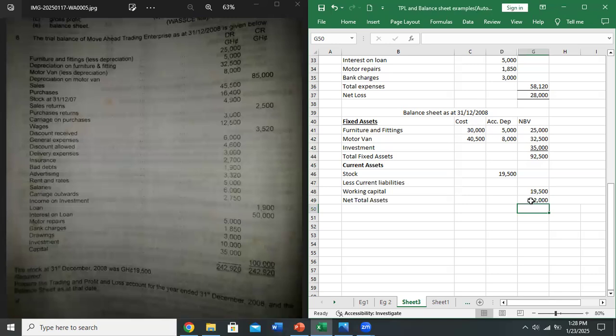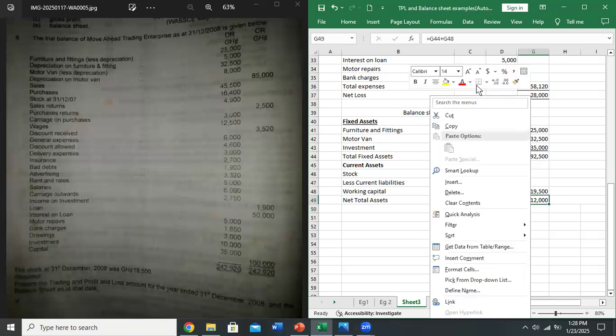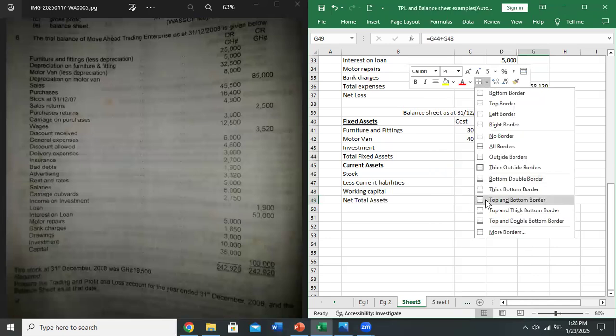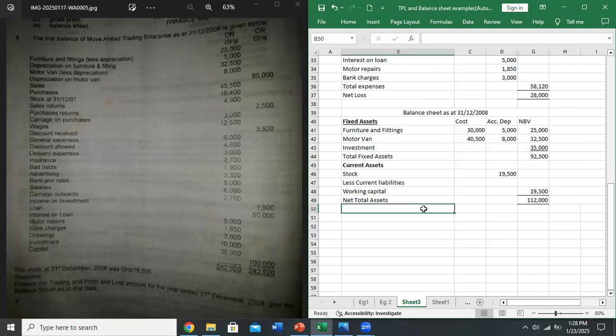So 112,000. That will be net total assets. So the point is, if the items are not there, please don't insert anything. Pick the items you have there and you are good to go.